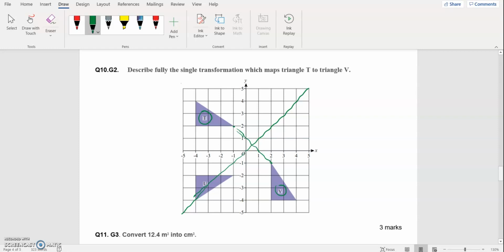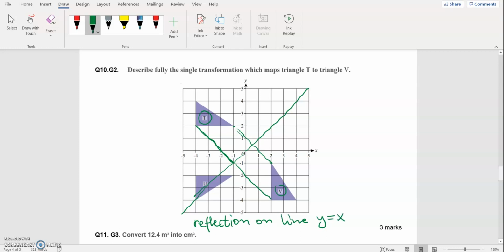Let's have a look at the other corners. So there is 1, 2, 3, 1, 2, 3. So this shows that this is a reflection on line y equals x.